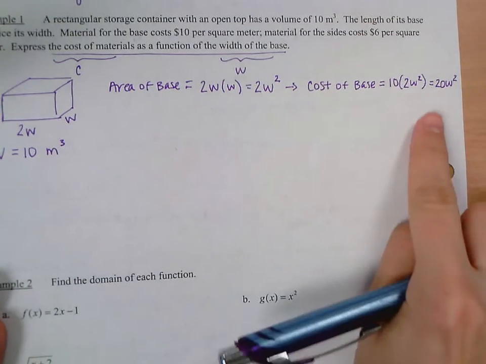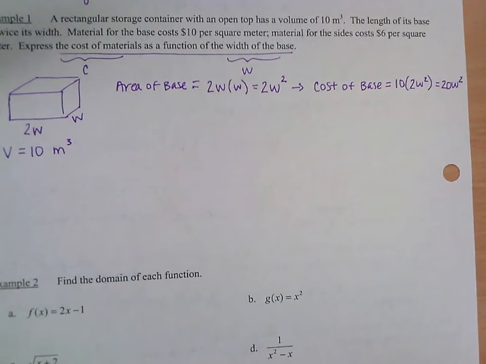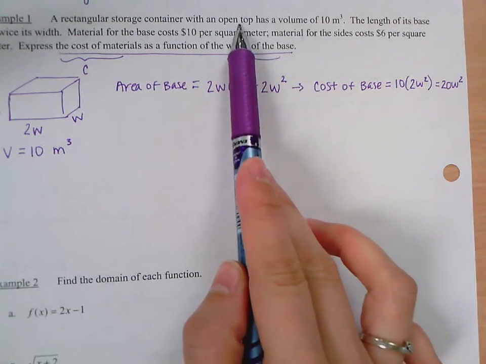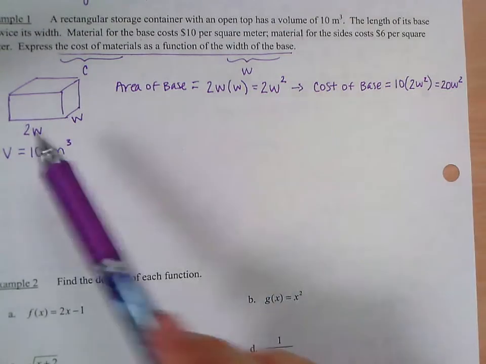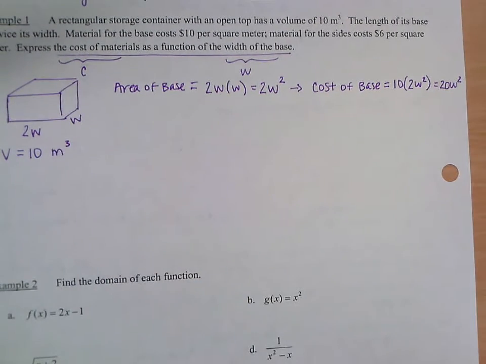So that's one term for my cost function. Eventually, I'm going to have 20W squared plus the cost of the sides. Now, if this didn't say that the top was open, if it had a top, then we would double this, because we would obviously have two bases.